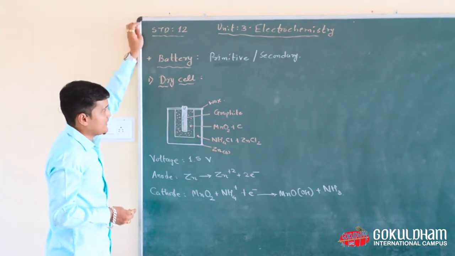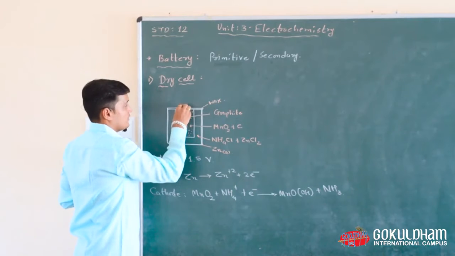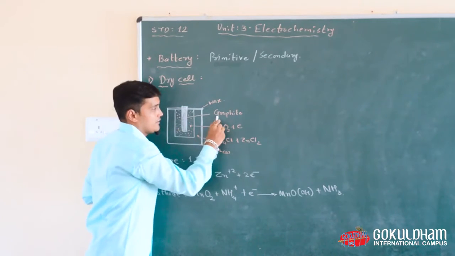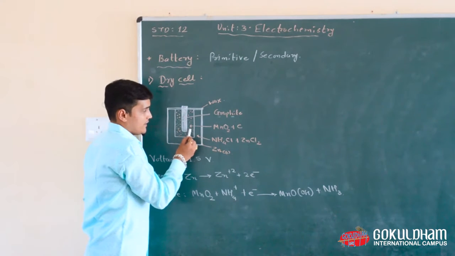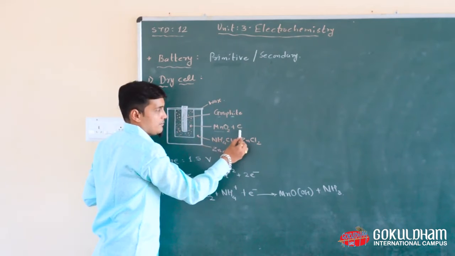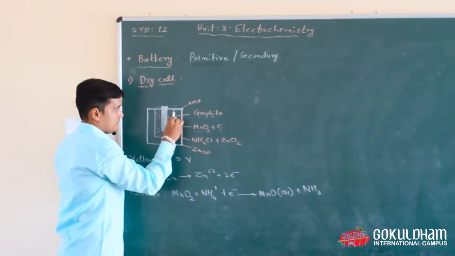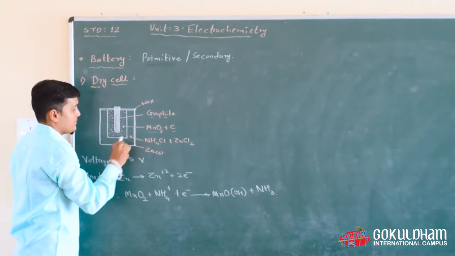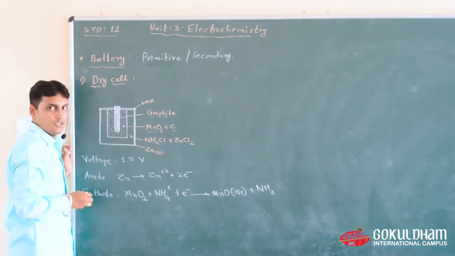The arrangement of the dry cell is: the center pole consists of carbon. That carbon is known as graphite. In contact with graphite, another layer is of manganese dioxide plus charcoal or carbon. This is the semi-permeable membrane. Semi-permeable membrane means both the liquids are in partial contact with each other.